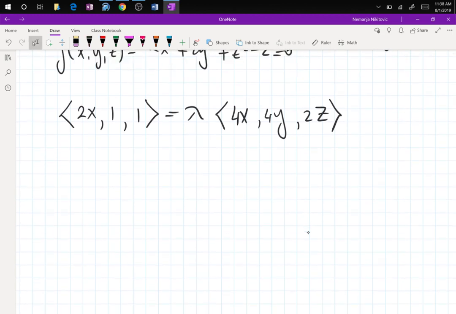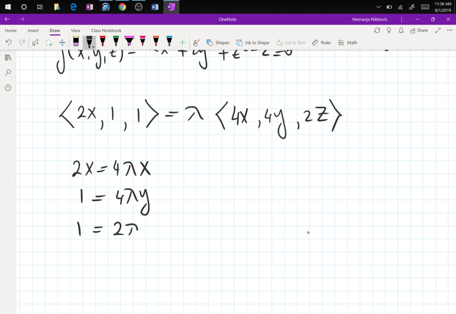And now we're going to have the situation that 2x is equal to 4 lambda x. Oh, nice. This is great. 1 equals 4 lambda y, 1 equals 2 lambda z, and we have the g equation.